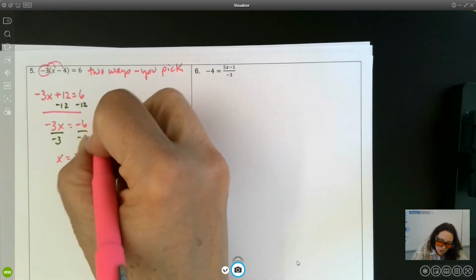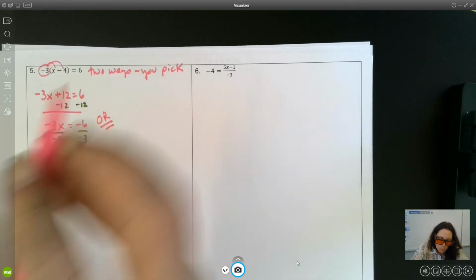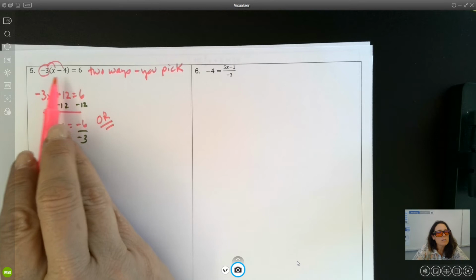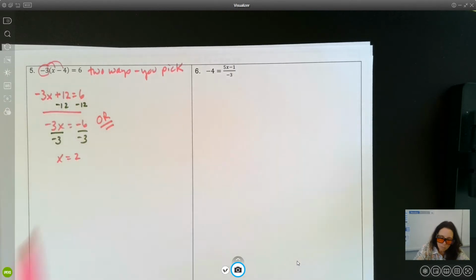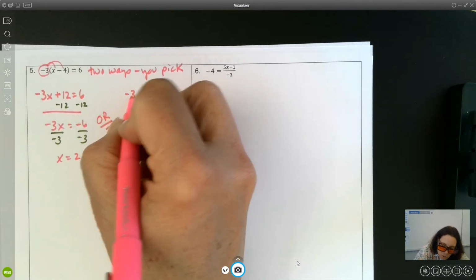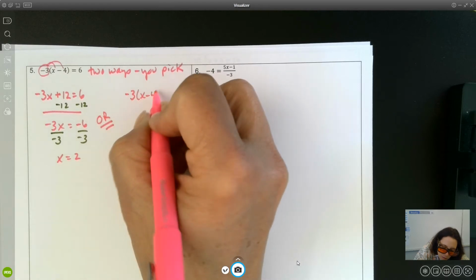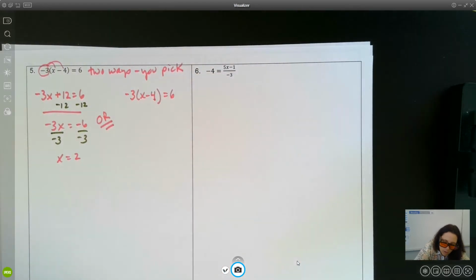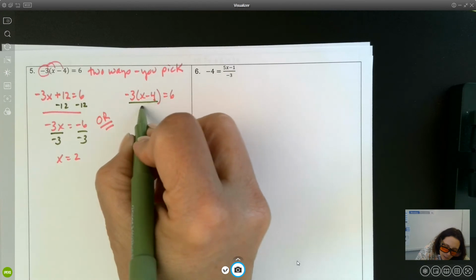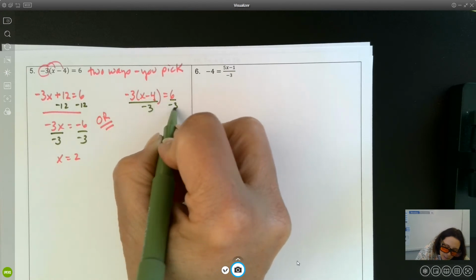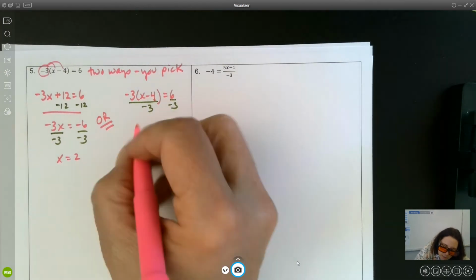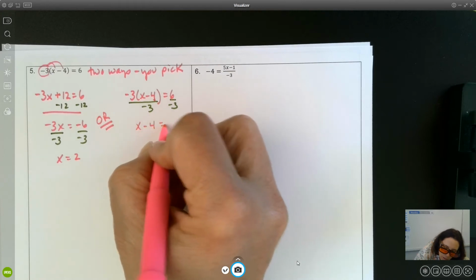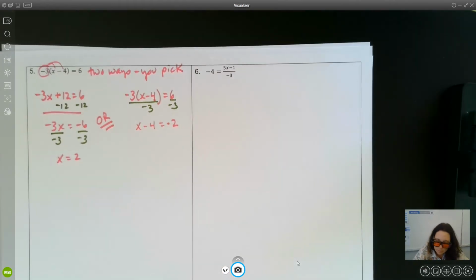Or what would happen if I divided both sides by negative 3 to start this problem? Let me rewrite the question. What would happen if I divided this side by negative 3 and this side by negative 3? Do you see that I would have x minus 4 equals negative 2? It's a negative 2.